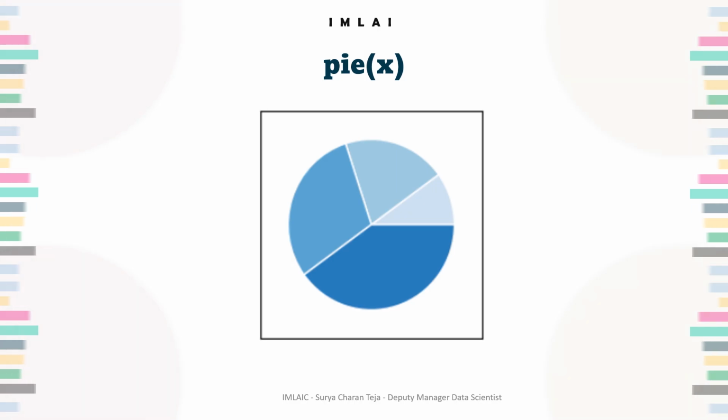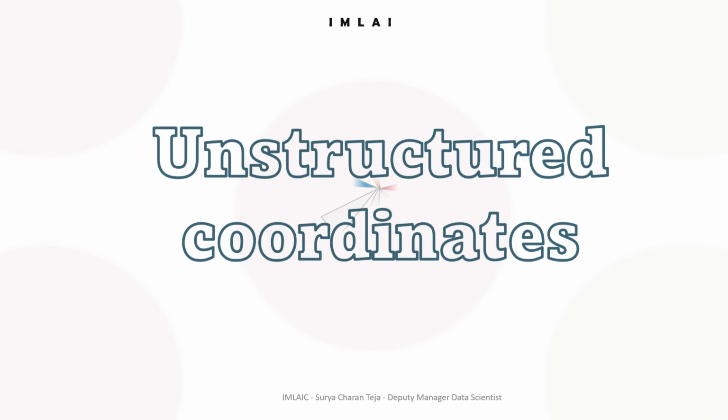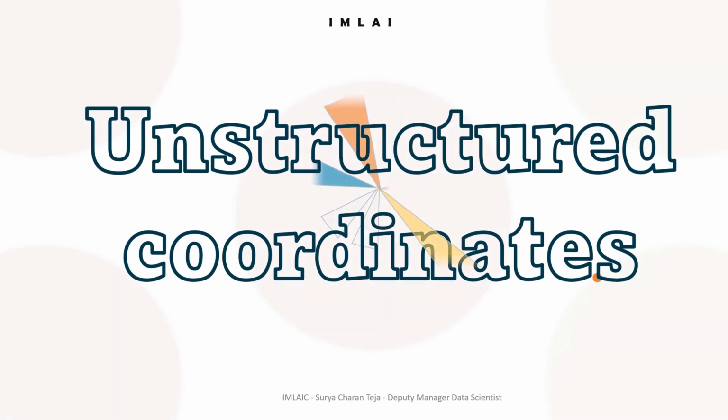Now let's jump into another module of the Matplotlib Intuitive Plots for You course, that is unstructured coordinates. Here we'll be drawing complex and complicated 3D structures and graphs and plots.